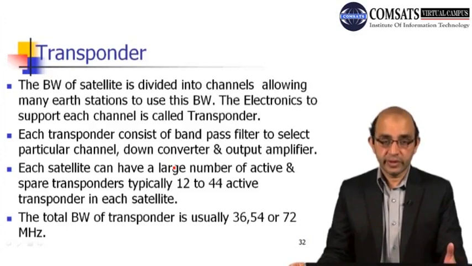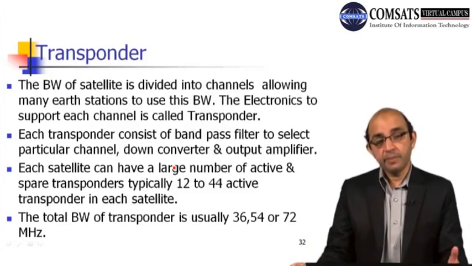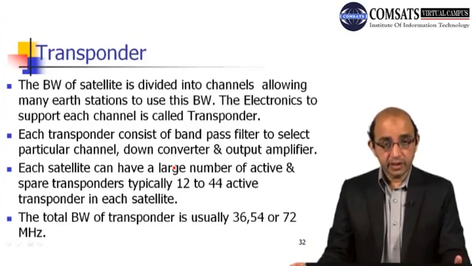Then we use the down converter, and after the down conversion we will be amplifying the output. We need an output amplifier. Each satellite can have a large number of active and spare transponders, typically 12 to 44 active transponders in each satellite.